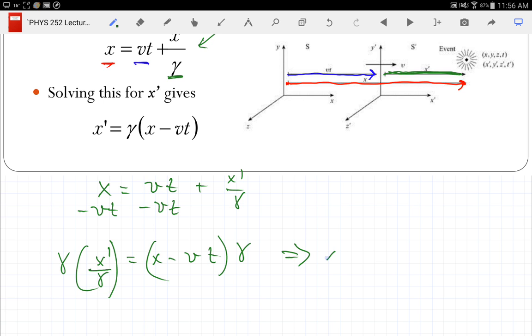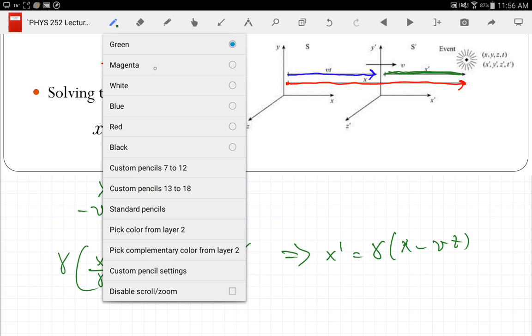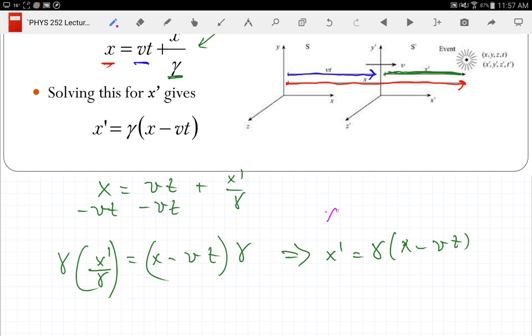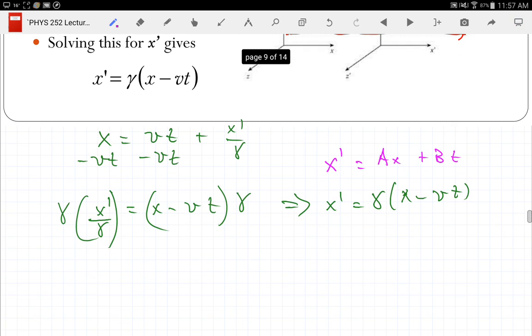And I'm left with X prime is equal to gamma times X minus Vt. Or, since the equation I had was in the form X prime equals AX plus BT, then I can write this as gamma X minus gamma VT.